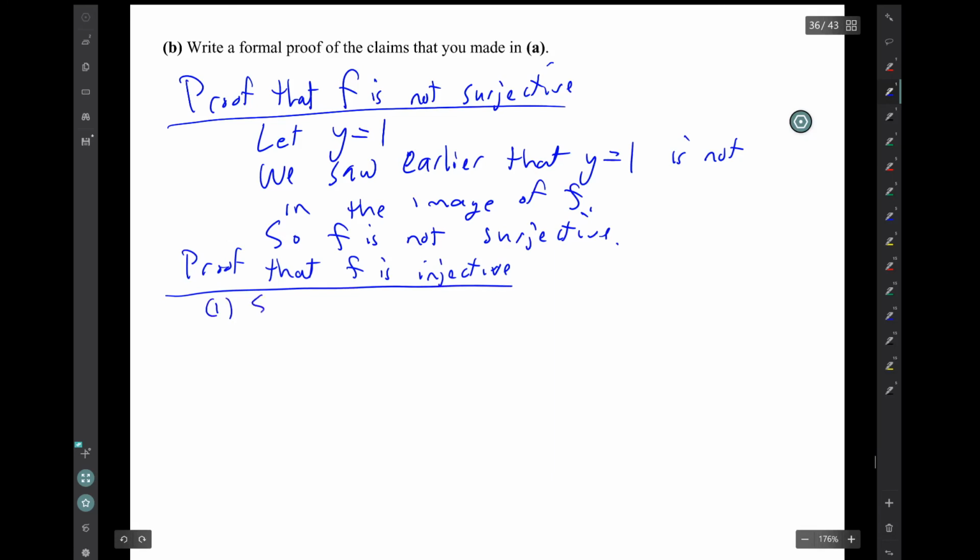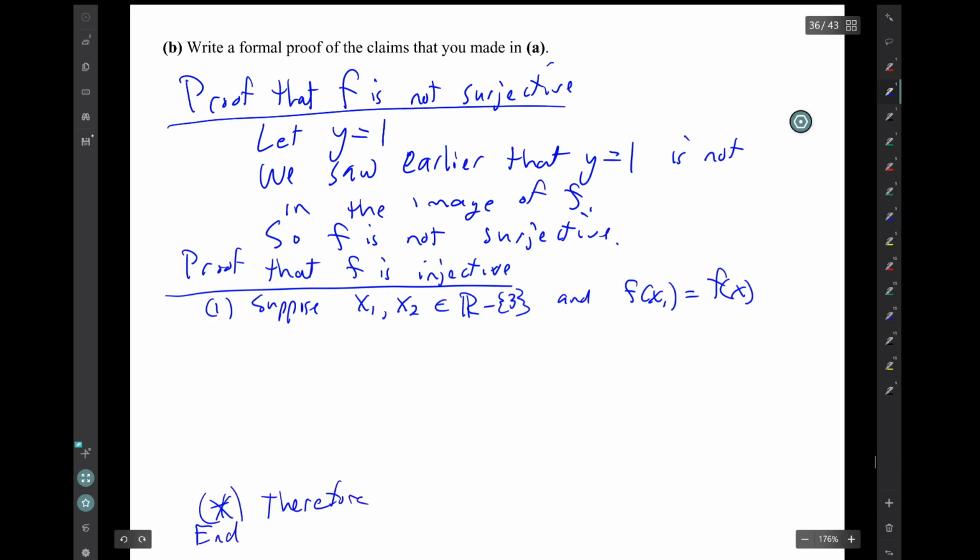So we're going to say, suppose that x1 and x2 are in the set of the domain, and suppose also that f of x1 equals f of x2. And we have to get to this statement: we have to show that x1 equals x2.